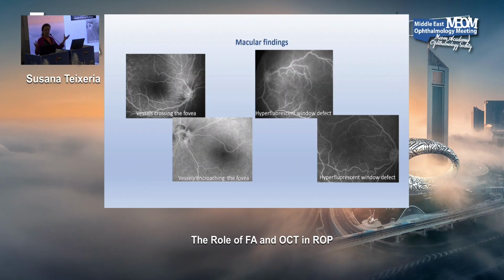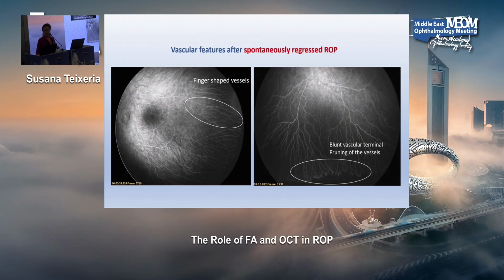So these are common findings between those two kinds of progression of the retina. So what I think is that those findings are not connected to the anti-VEGF used, but to the disease itself, which has some hurt in a very, very young, not vascularized retina.